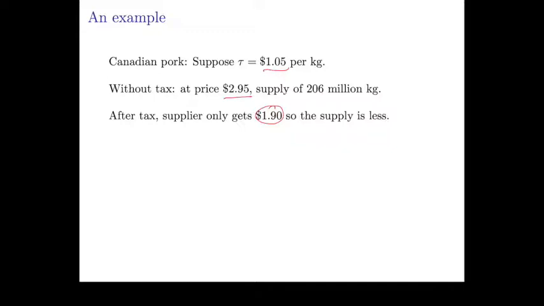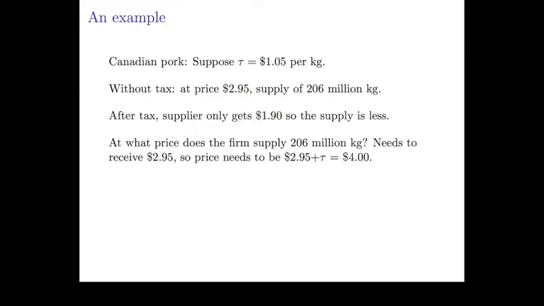So the supply is obviously going to be less than the 206 million that they would be supplying at the price of $2.95 if they got the whole $2.95. So at what price is the firm actually going to supply 206? Well, the price needs to be higher. They need to actually receive the $2.95.